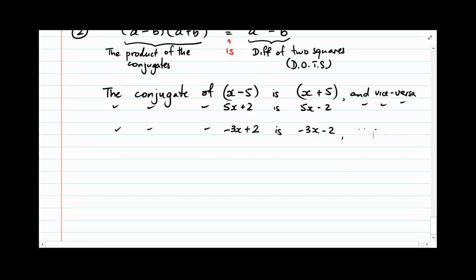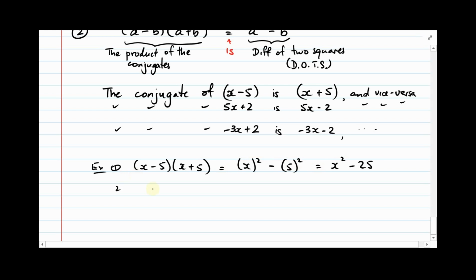Let us look at some examples again. If I should have, let's even use the examples we have, x minus 5, the product of it with its conjugate would be first term squared and the difference between the first term and the last term. So this would result in x squared minus 25.